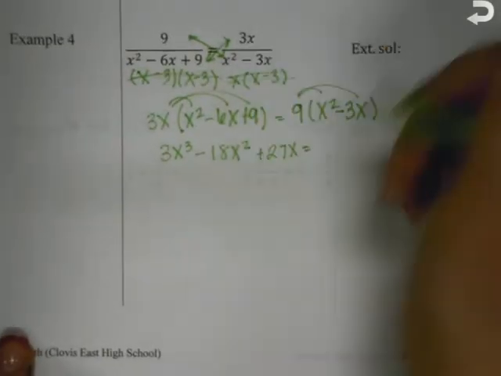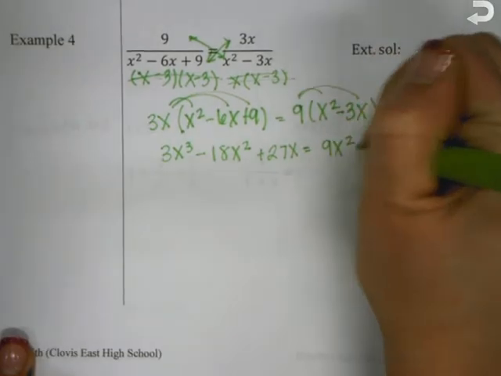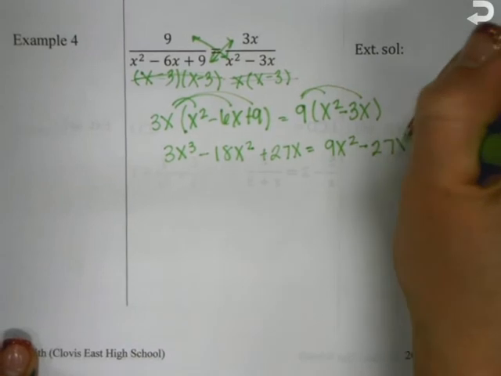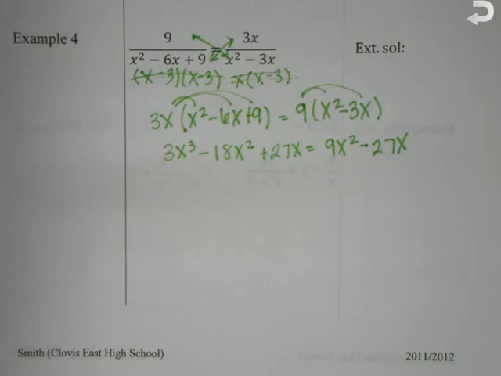Okay, so we have cubes and squares here. So what we want to do is get that whole thing equal to 0. So we're going to move everything from the right-hand side over to the left. So I'm going to subtract 9x squared and add 27x.